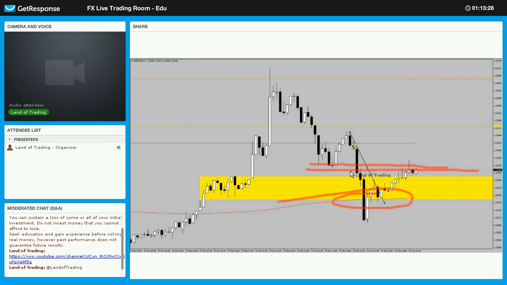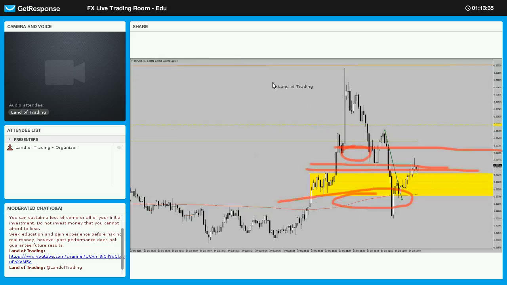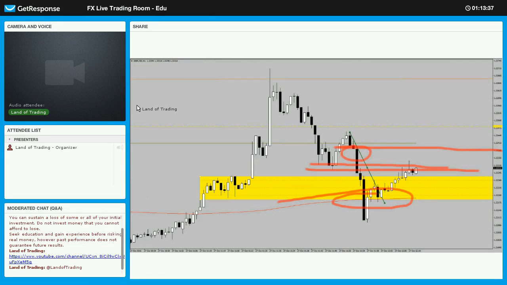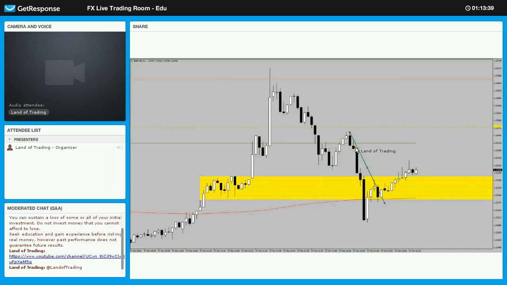All right. So what we want to see from the buyer's perspective, we want to see that market is going to take out this supply here. Why I think this is a supply here? Because this candle here broke down through this initial demand, and from here the next one took out this demand, all right?